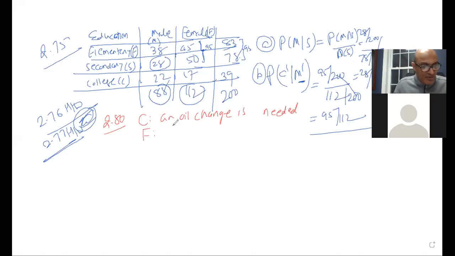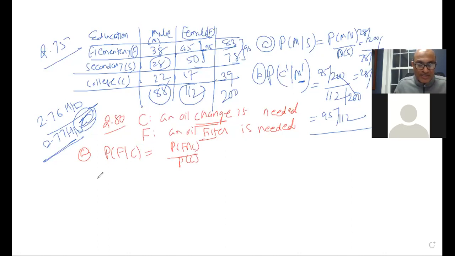Consider the event that an oil filter is needed. Oil change for C and filter F is needed. So probability of F given C is equal to probability of F intersection C divided by probability of C.